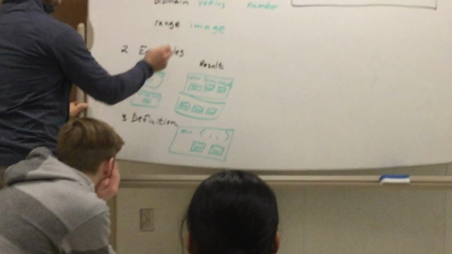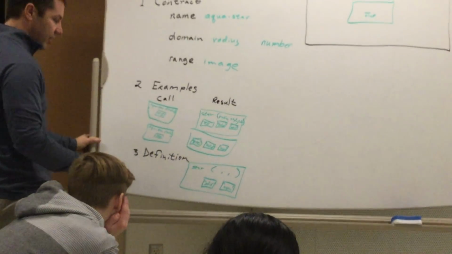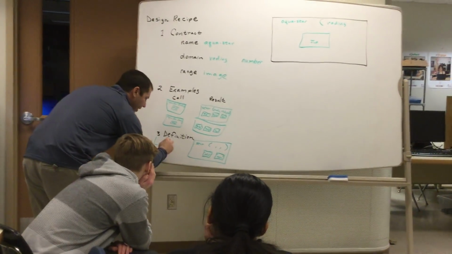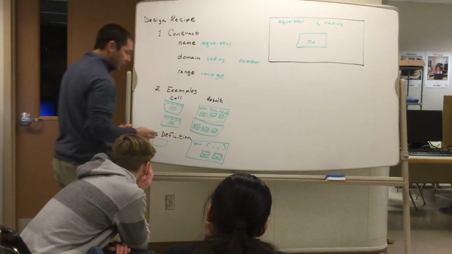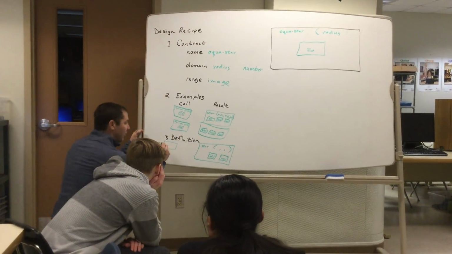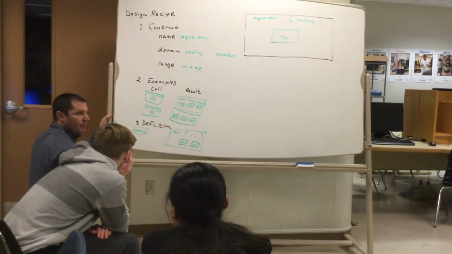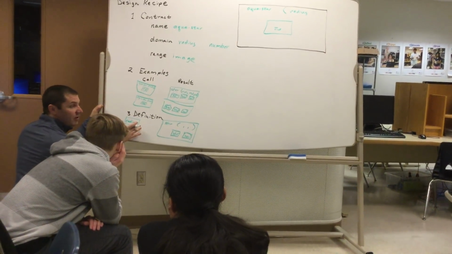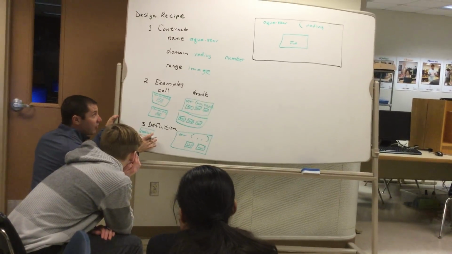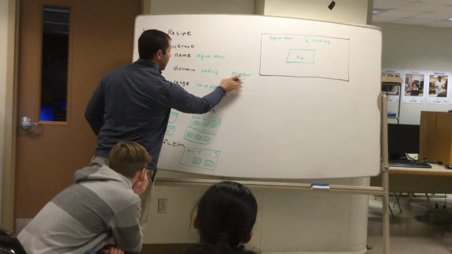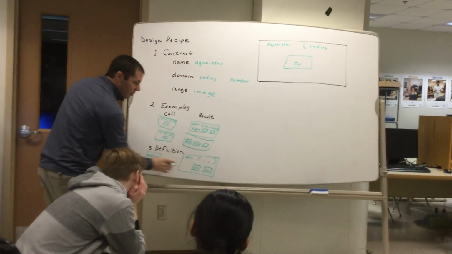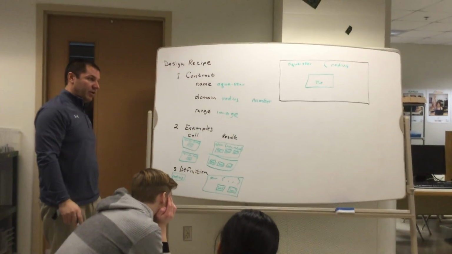The minute that we put number for radius down here, there's going to be a block, and because it's a number, it's going to be blue, and it's actually called radius. We have to use this in our definition. Whatever we name in our domain, we have to use down here in our definition.